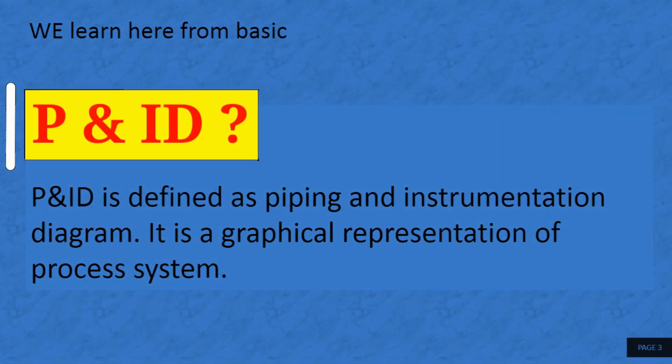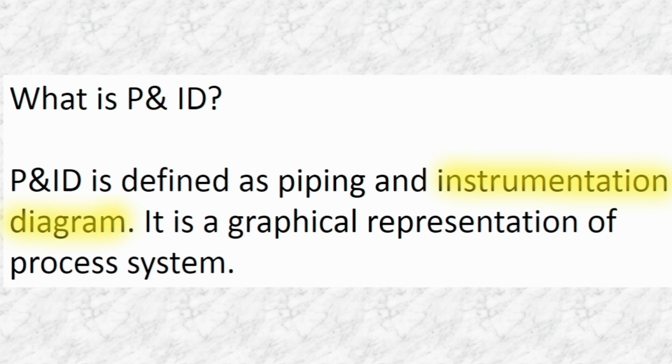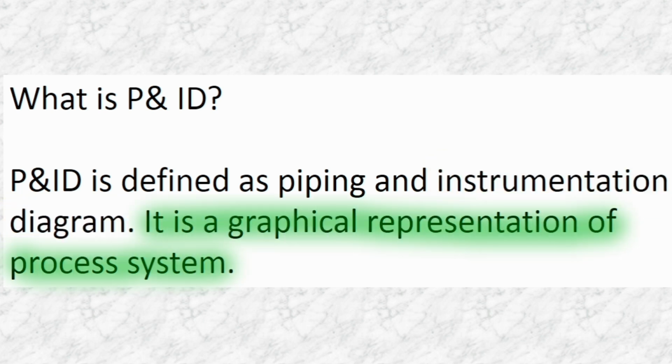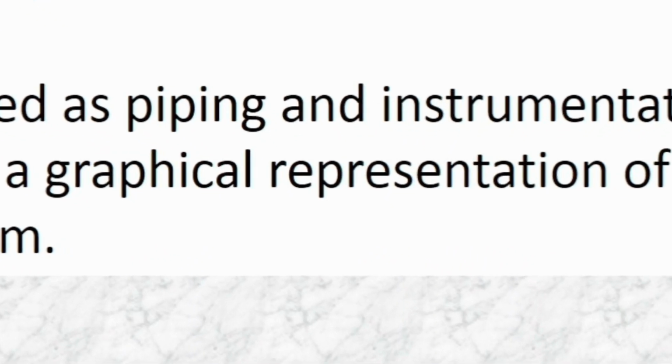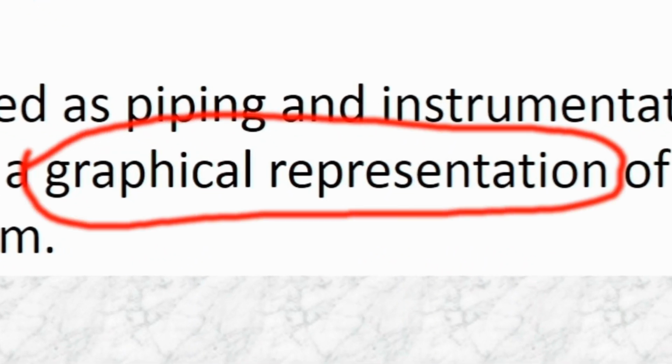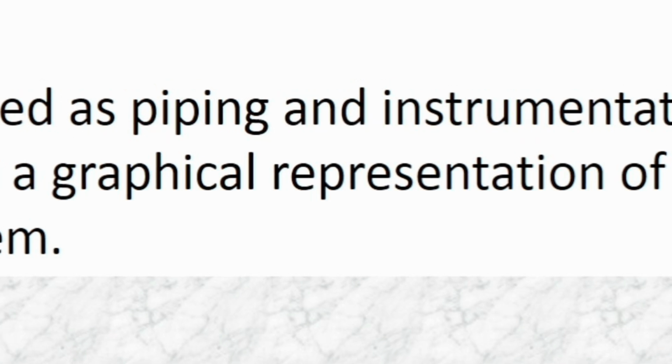What is P&ID? P&ID is defined as piping and instrumentation diagram. It is a graphical representation of a process system. What is the meaning of graphical representation? It means that all the instruments and equipment will be geographically in different places.